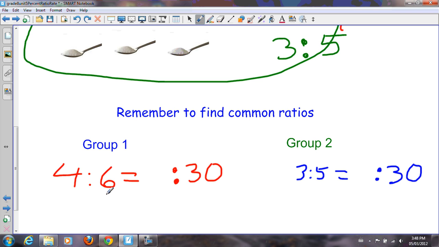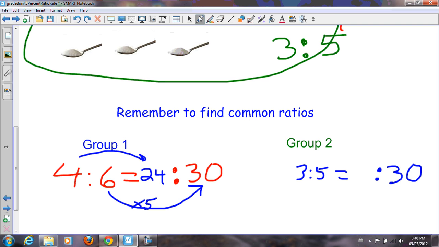So what would you do to make this 6 become a 30? What did you have to times it by? And the answer is you had to multiply it by 5. So if you multiplied 6 times 5 to give you 30, you must do the same thing with 4. So 4 times 5 is 20 to 30.